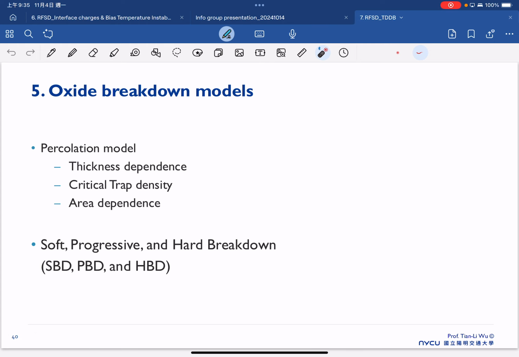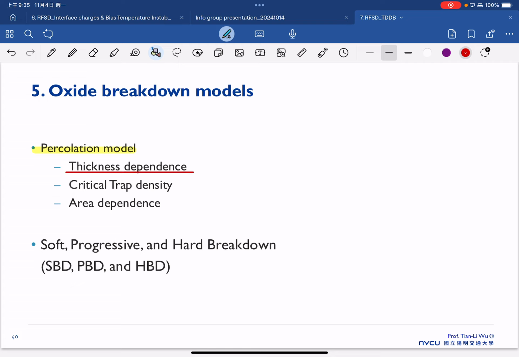As we already explained last time, to understand the time dependent dielectric breakdown, we have the model that we call the population model. The population model can well explain the thickness dependency.